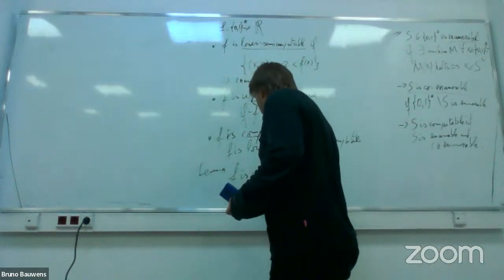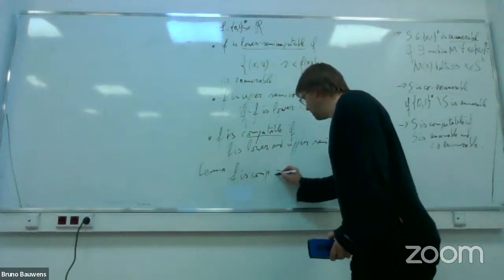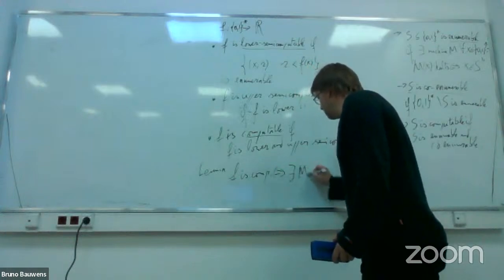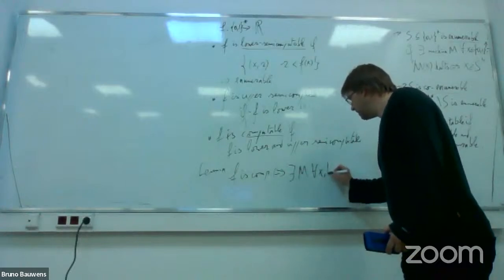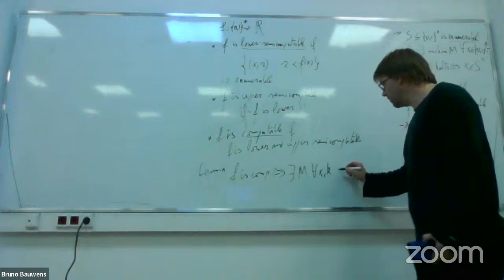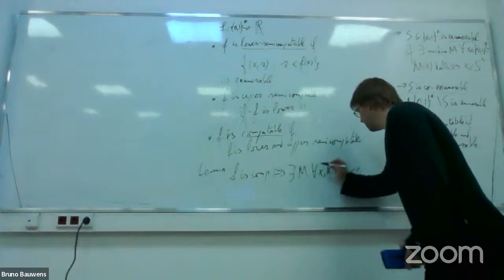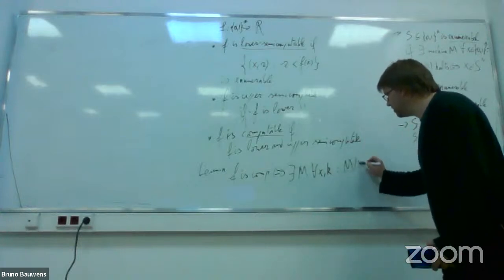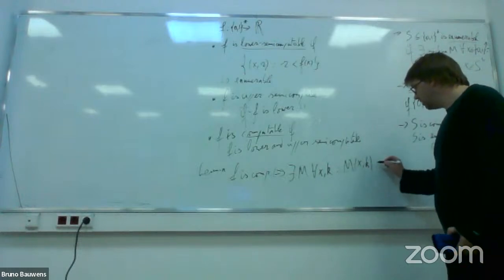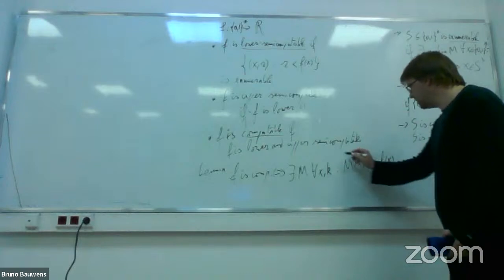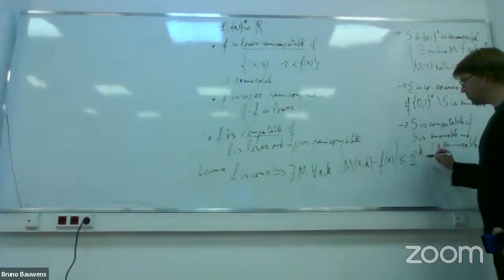F is computable if and only if there exists a Turing machine M so that for all x and k, the output is precise up to 2 to the minus k, or 1 over k, it doesn't matter. The absolute value of M of x, k minus f of x is smaller than 2 to the minus k.